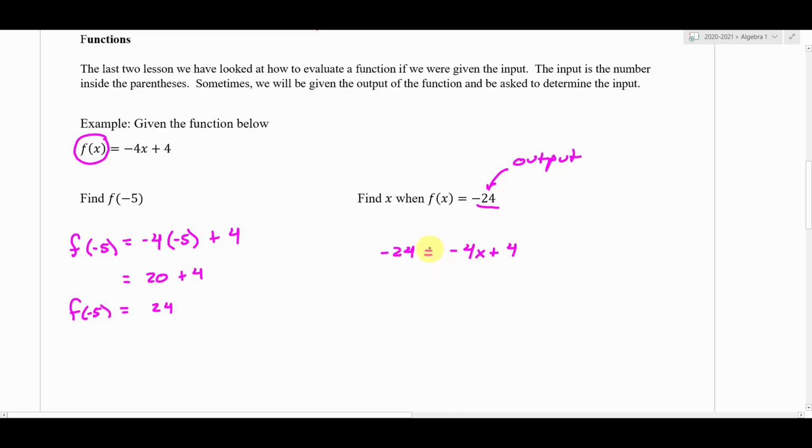I want to do stuff to something and get a -24 out. And you're going to notice right away this looks a lot like an equation, because our job is to find x. We've got to figure out what value of x is going to produce that -24, and the easy way to do that is to treat it like an equation and solve. So I'm going to start by subtracting 4 on both sides. -24 minus 4 is a -28. The 4's cancel, and I get a -4x. So this is multiplication, so I'm going to divide.